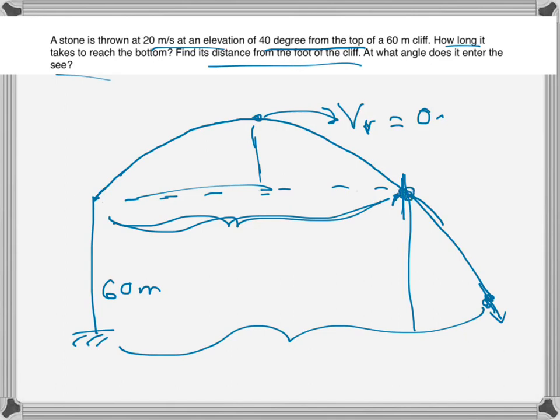So if we say this one is point B and this one is point C, to reach point B, the time t will be 2 times the time it takes to reach the maximum height. At this point the vertical velocity is 0.